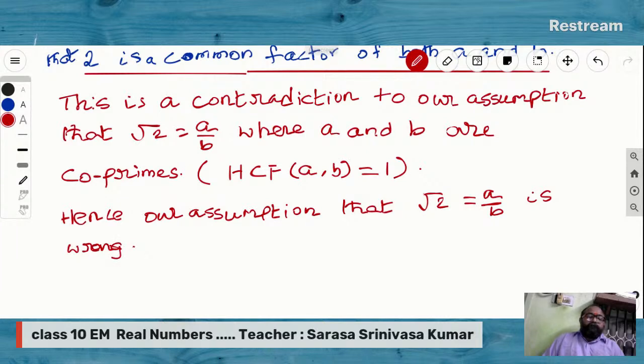What is the assumption? Square root of 2 is a rational number.